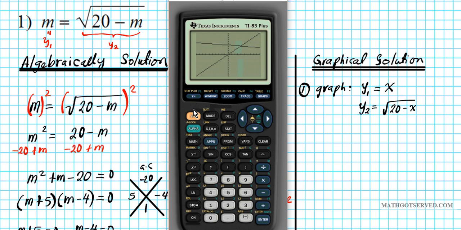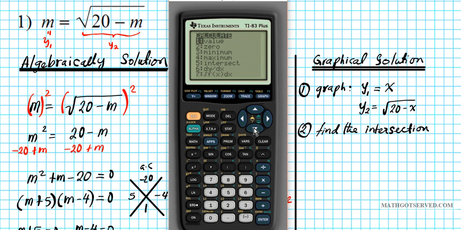So to see what the intersection is, we're going to use the calculate function. Let's write this down. So 2, we're going to now find the intersection. In this problem, we just have one intersection. So second function, calculate, option number 5, press 5 or scroll down.